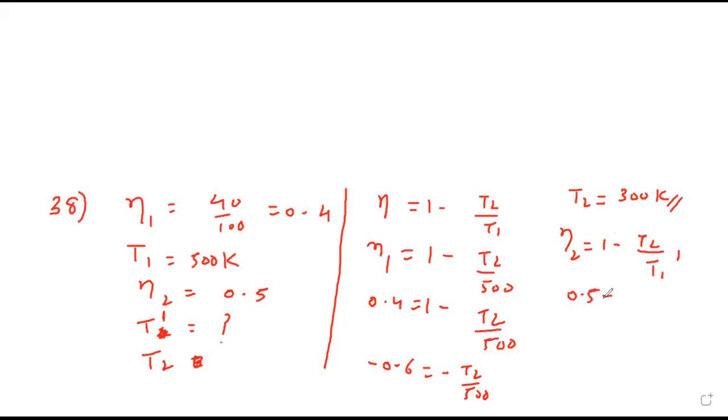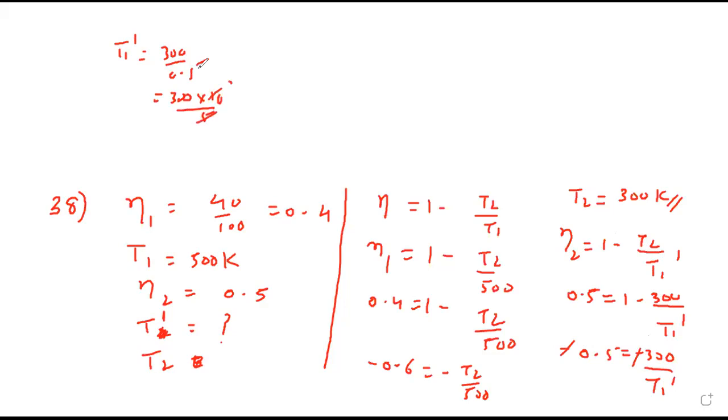So 0.5 equals 1 minus 300 upon T1 dash. Minus 0.5 is minus 300 upon T1 dash. Minus minus cancel. T1 dash equals 300 upon 0.5, that is 300 into 10 upon 5, equals 600 Kelvin.